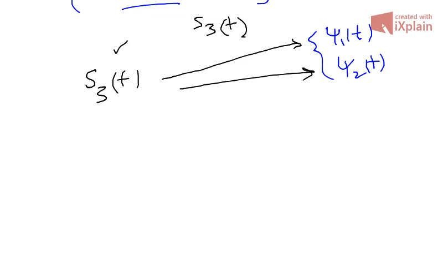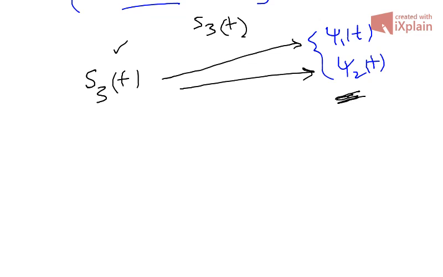Then we would get a signal that is orthogonal to these two basis functions, and we can use that one to form psi 3 of t. So this is the procedure we have to follow.